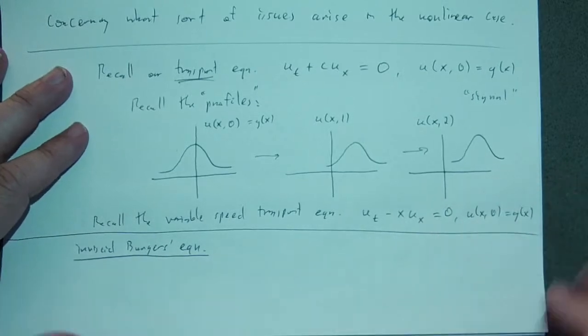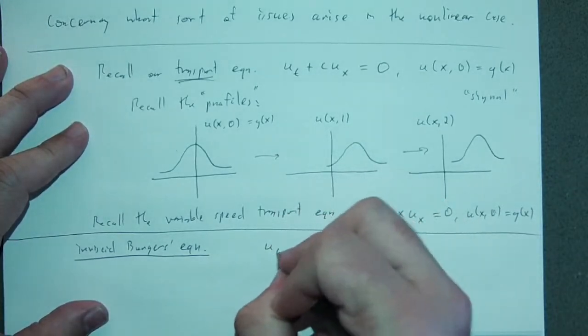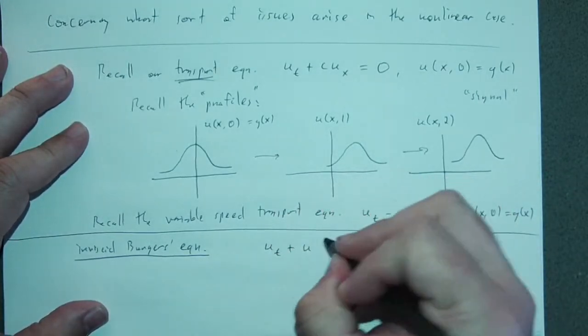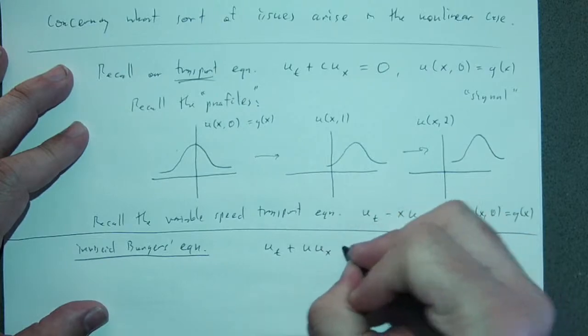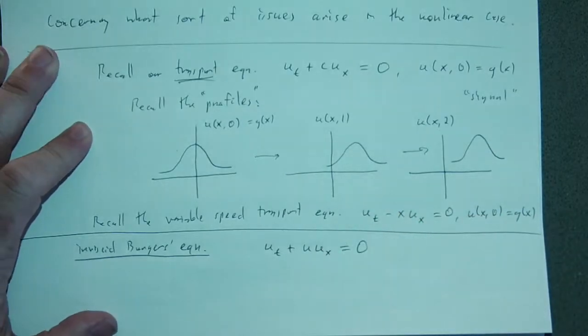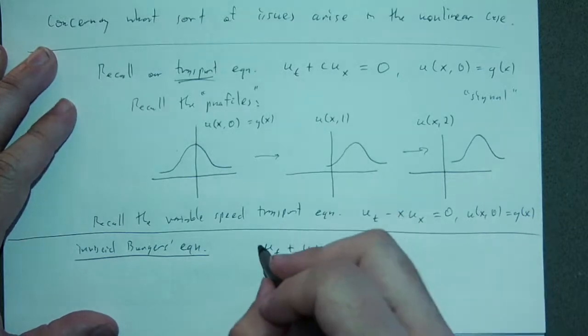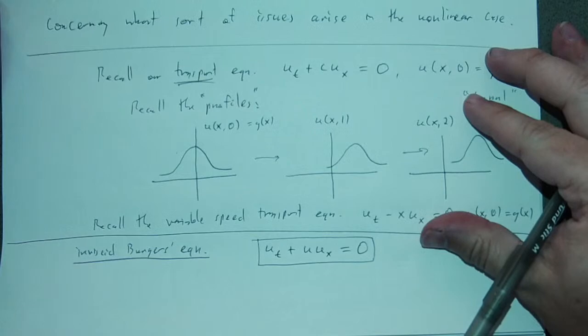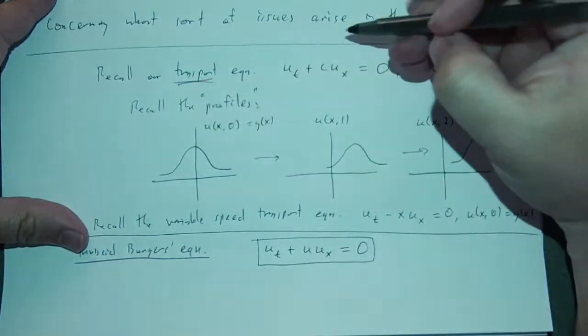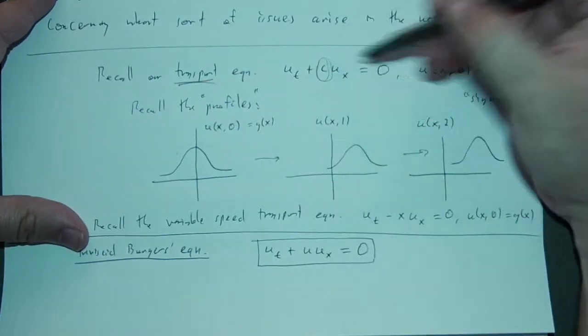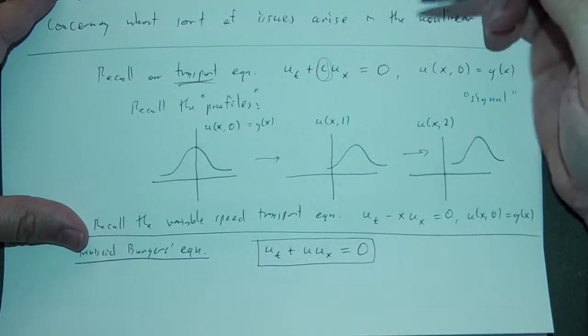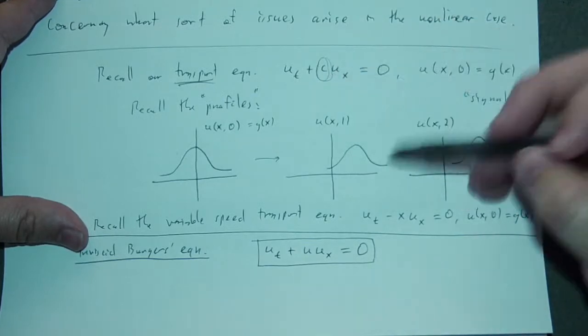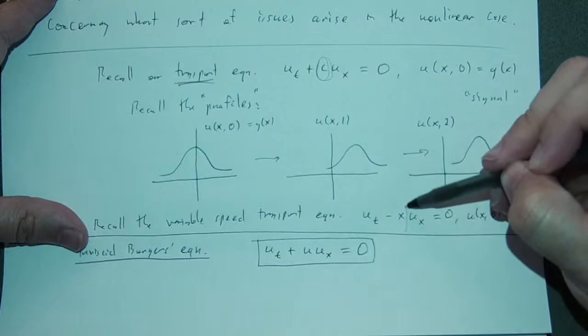This is u sub t plus u u sub x is equal to 0. So in the transport equation, if we thought of this coefficient as telling us speed, here we had constant speed. Here we had variable speed.